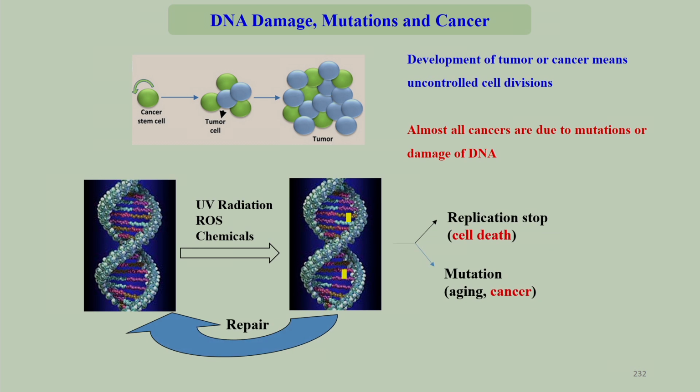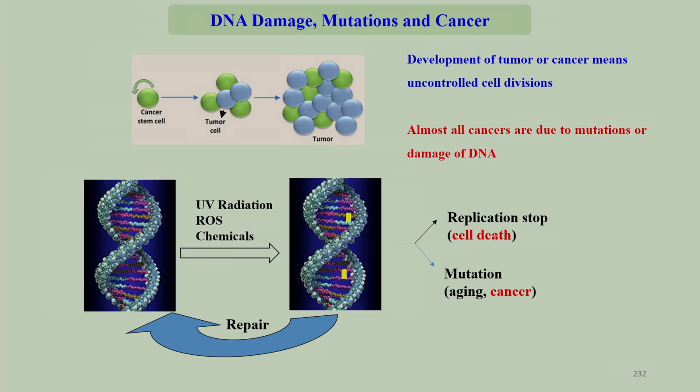Now, what happens? Of course, we have a very good repair system, and the repair mechanism is really sound. Those lesions or damages are usually repaired back to the original DNA by our repair system, but sometimes, or many times, it does not happen. If the lesions are not repaired back to the original DNA, it can lead to several problematic consequences.